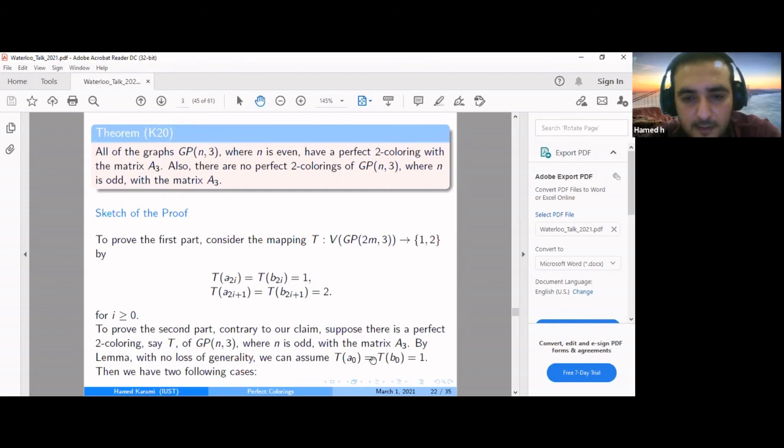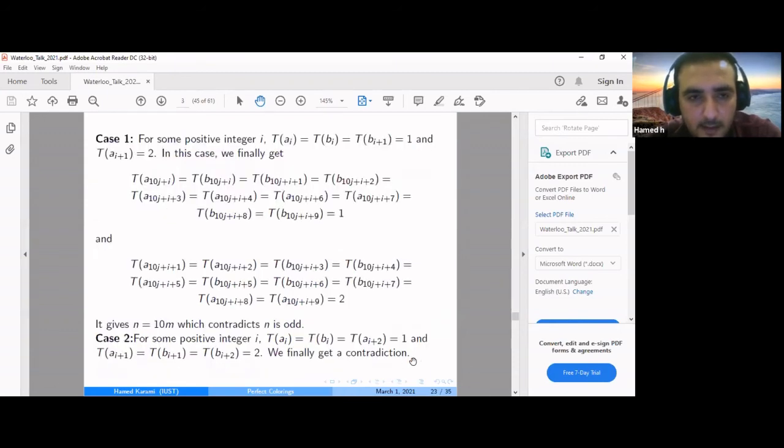We suppose that they are white, and we have two following cases after some computation for some positive integer i. We get this, that it gives n is equal to 10m, which contradicts n is odd. And for another case, we get a contradiction by getting this.